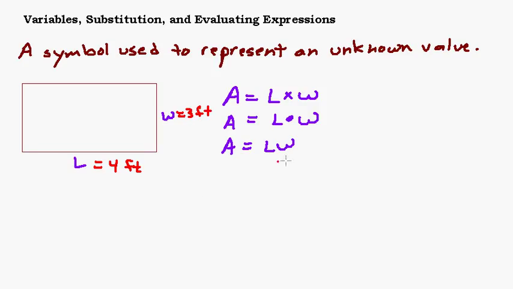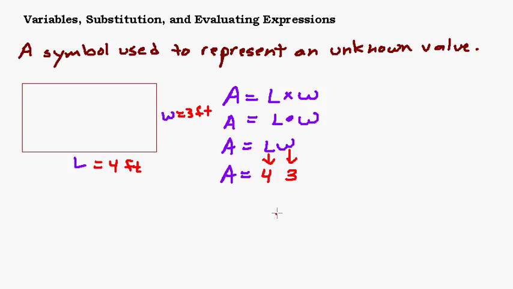So now I can go over here to my formula, my variables, and I can substitute. Instead of L, I know what L is, so I can substitute 4 in for L. W, I look at my picture and it says W is 3, so I can substitute 3 in for W.